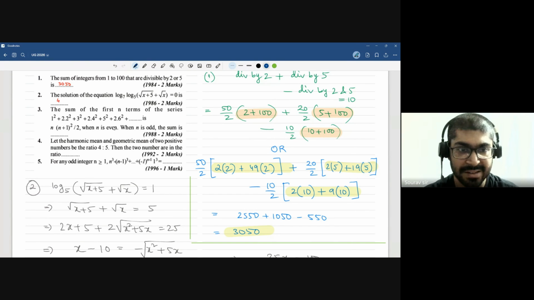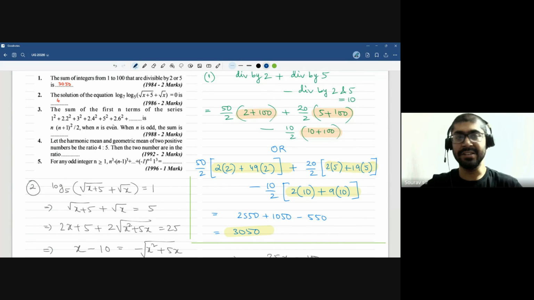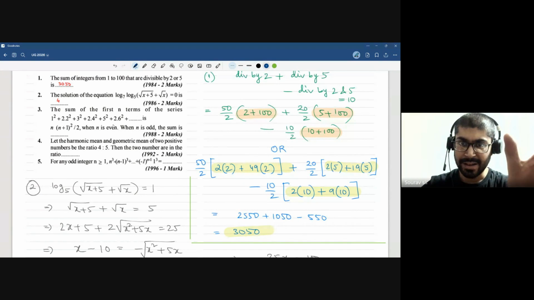When n is odd, the sum is. So when n is odd, just look into what the series is. Look at the first three terms. It contains two odd terms and one even term, right? So what does that mean? This means that when you have n terms, you are going to have how many odd terms and how many even terms?